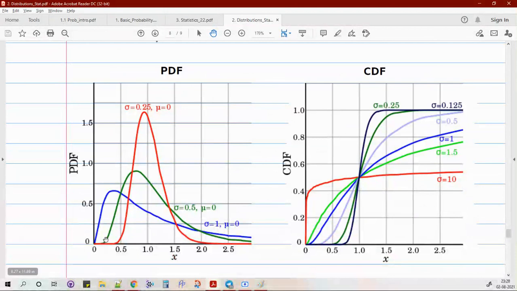So sometimes what will happen is, on one side, the right hand side, as the value of x increases, the probability will decrease slowly or fast, depending on the value of sigma, or you can say variance, right? It increases but very slowly, right? Simply, if you have a thick tail, where you have high chances around 2.5, also 2, but most of them are clustered around mu, then you will use the log normal.